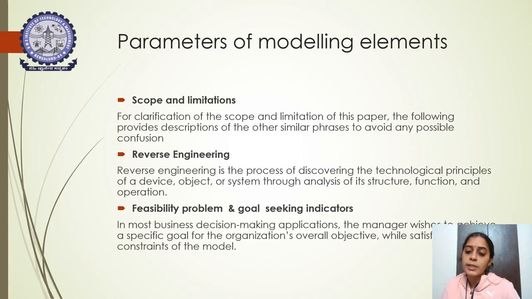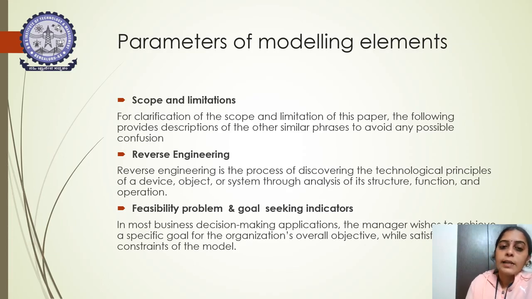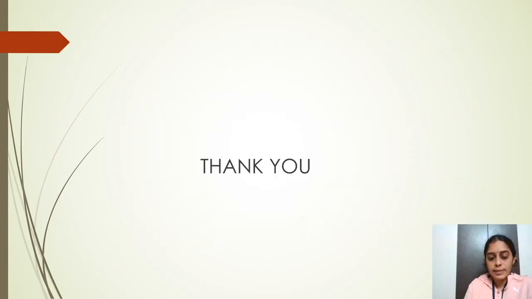Only a few products can go ahead with reverse engineering, when it is needed for some modifications in the design. And finally, the feasibility problem and goal seeking indicators. What are the problems which are feasible, and how the goals could be established based on these feasibility problems will also be decided. These are all the parameters associated with identifying the modeling elements.